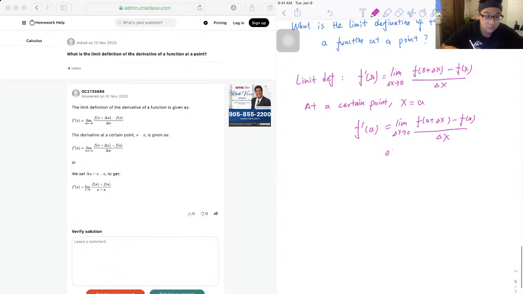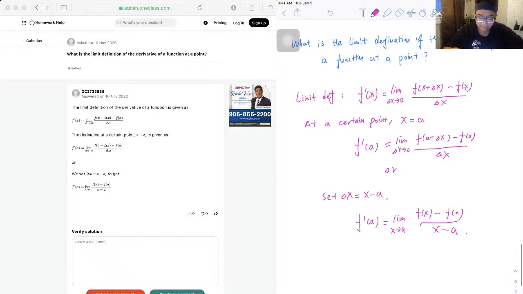Or if we set delta x equal to x minus a, we will get the derivative of f at a is equal to the limit as x approaches a of f(x) minus f(a) over x minus a. So this is the limit definition of the derivative of a function at a point.